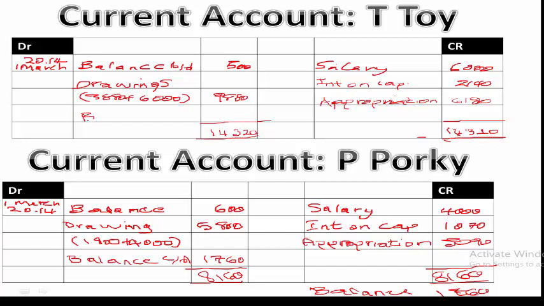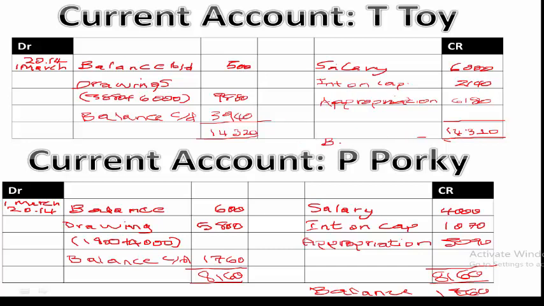Now clearly we will have a balance carried down to balance both sides. Carried down of how much? Now if you deduct 9,880 and 500, you should come up with 3,940 for this particular question.